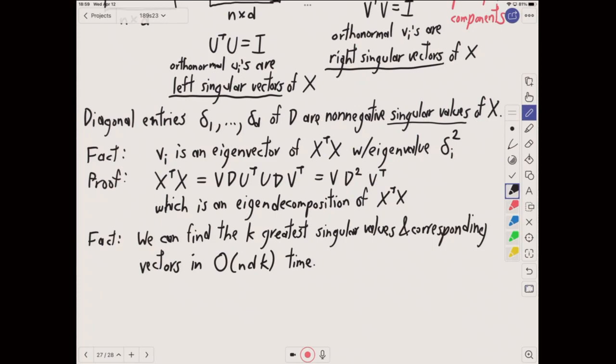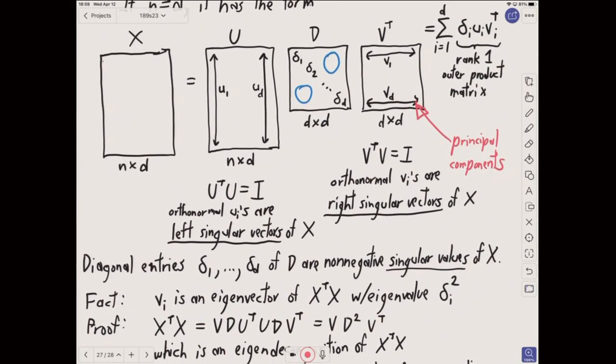Yeah? Oh, usually they are, yeah. It's not really important for my presentation right now, but the convention is typically to put the biggest one in the upper left-hand corner, which of course is the opposite of the convention I used for eigenvalues in the last lecture. Different people use different indices.